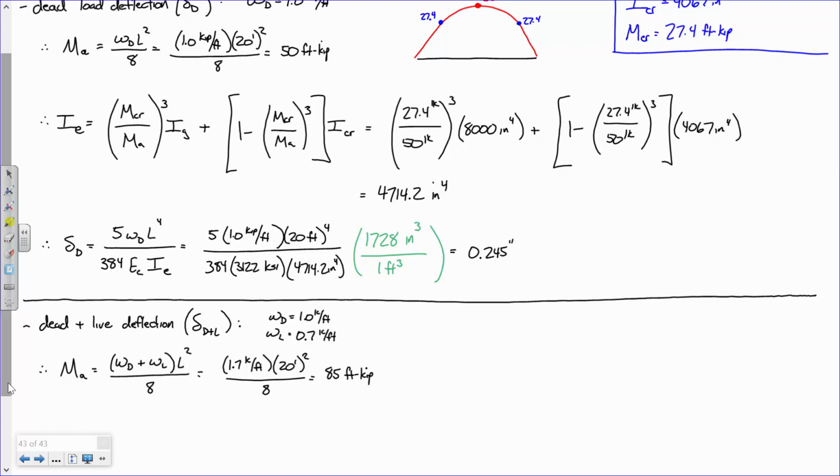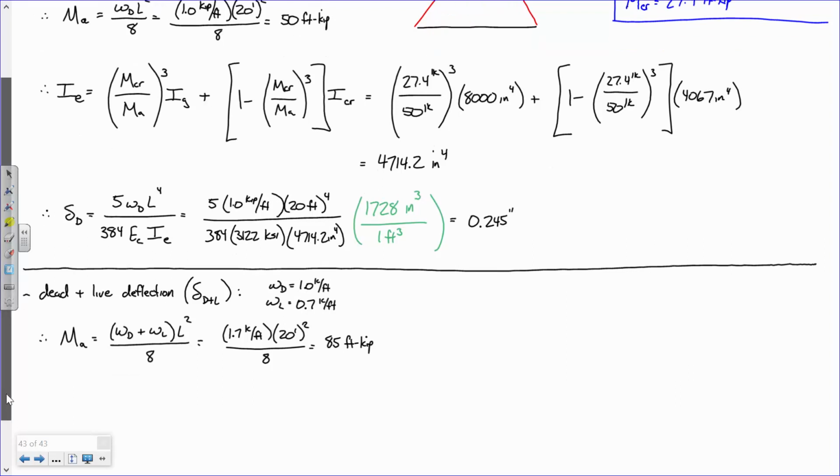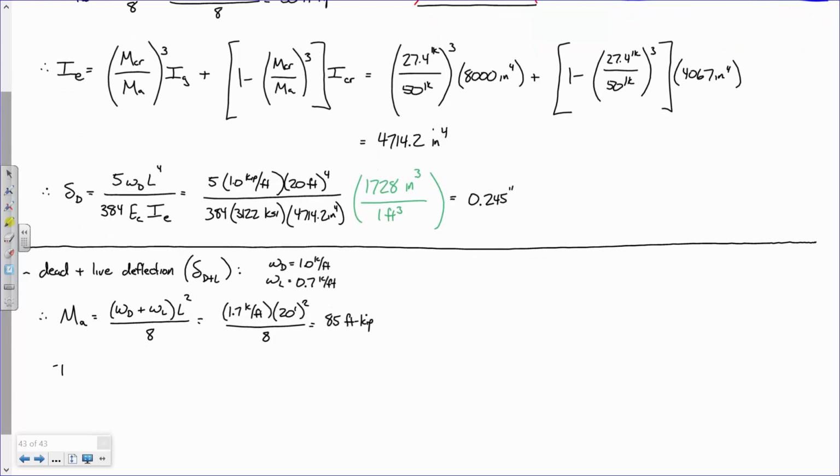So let's test that theory. Let's see if that happens. So our effective moment of inertia is MCR over MA to the third times IG plus 1 minus that, all times our cracked moment of inertia.